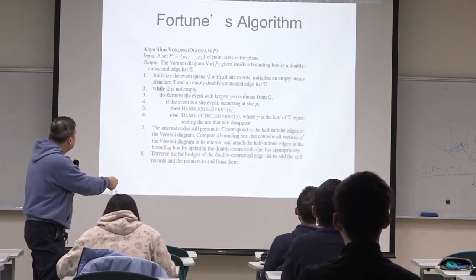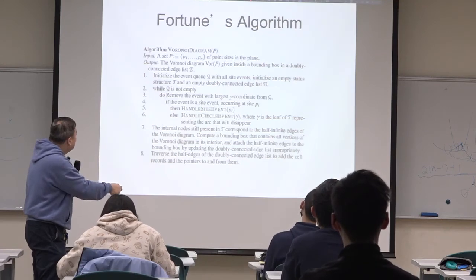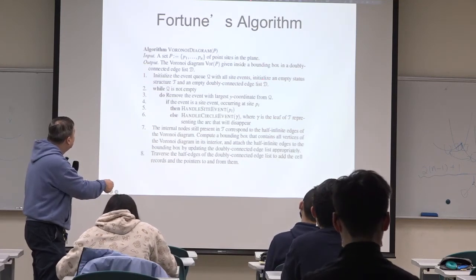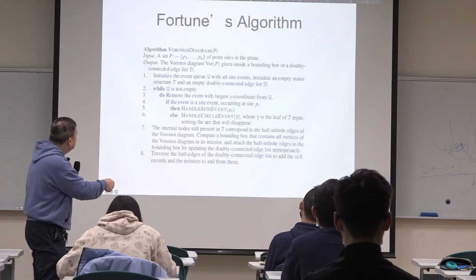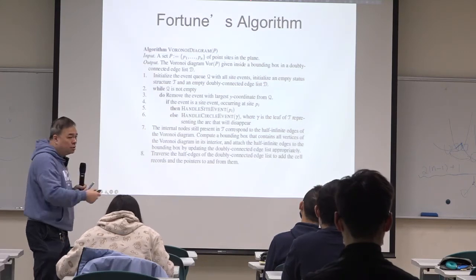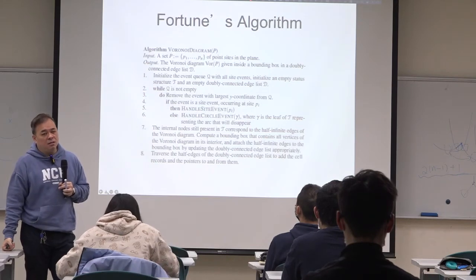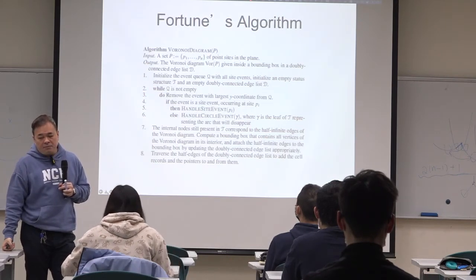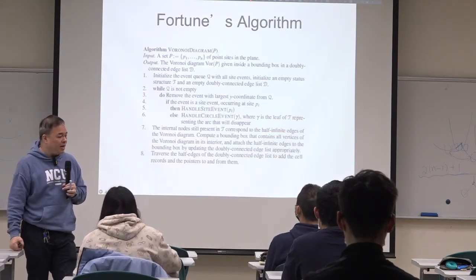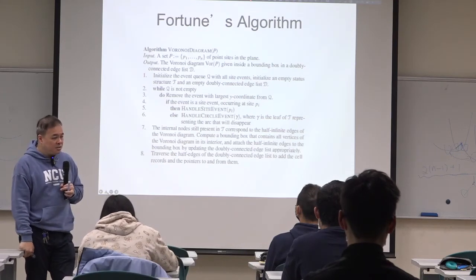The other one is the event queue Q, which orders the events according to the y coordinate of every event point.